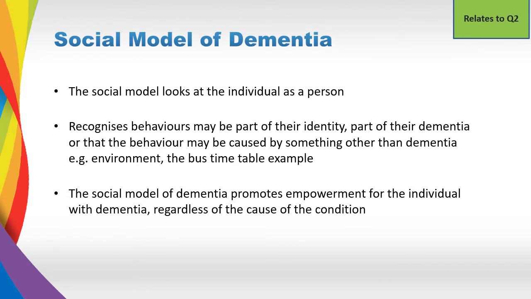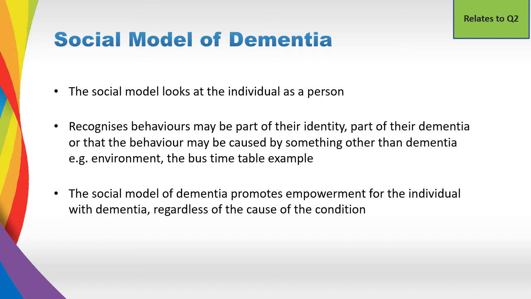The social model looks at the individual as a person, so we're not focusing on the dementia, we're looking at the person. The social model recognises that behaviours might be part of their identity, part of the dementia, or the behaviour might be caused by something other than dementia, like in the environment.